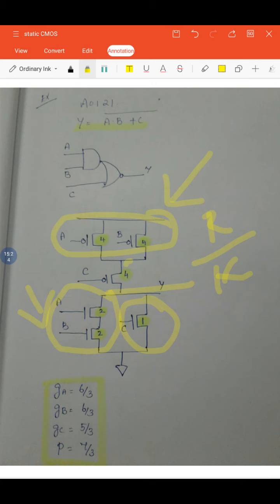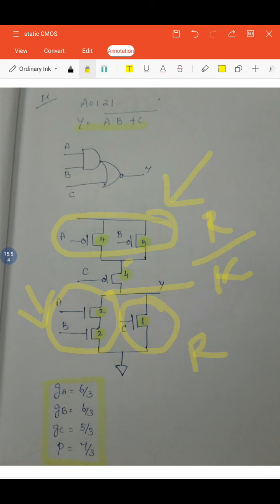For whichever size value K you choose, the entire network must have a total resistance of R. However many transistors you connect, the total network must produce the resistance R. Similarly, the pull up network has to produce the total resistance R. In such a way you have to choose the gate sizes.